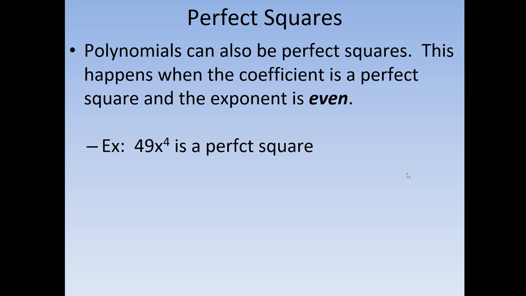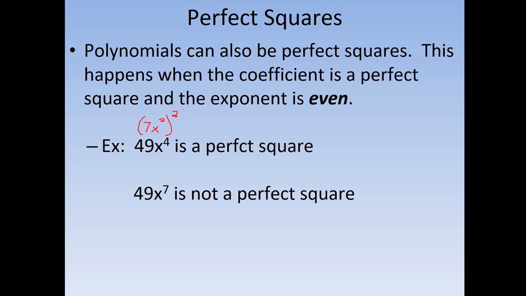So for example, 49x to the fourth is a perfect square because the coefficient is the perfect square of 7, and x to the fourth is just x squared squared. So this can be rewritten as 7x squared, all squared. And this becomes extremely important, again relating back to what we did in the first part of this class.